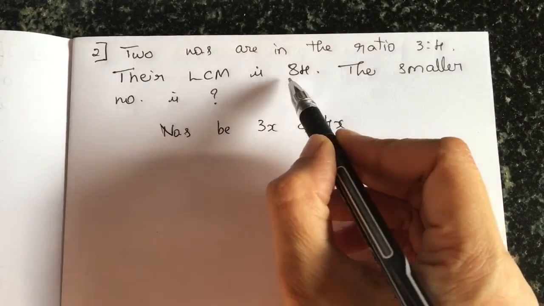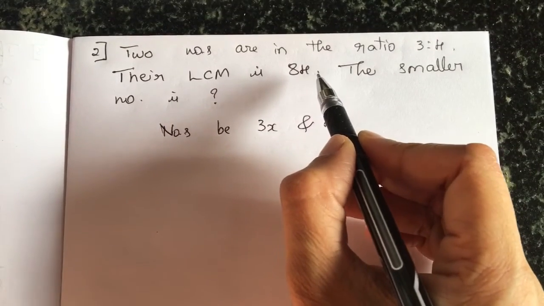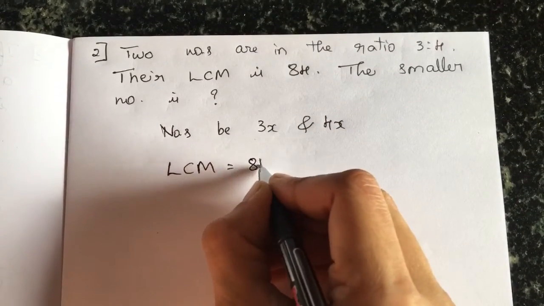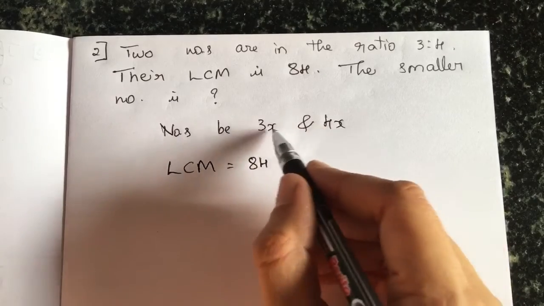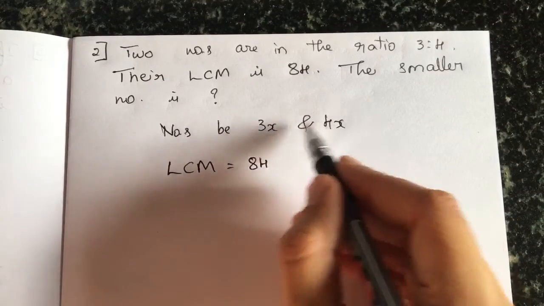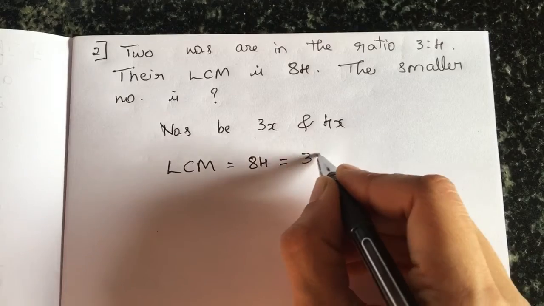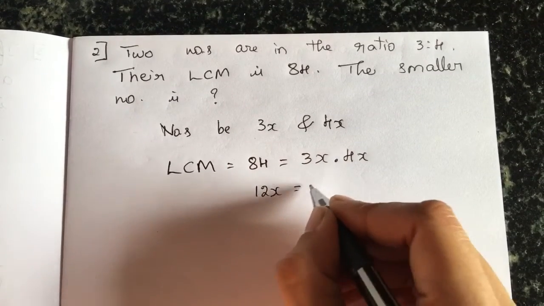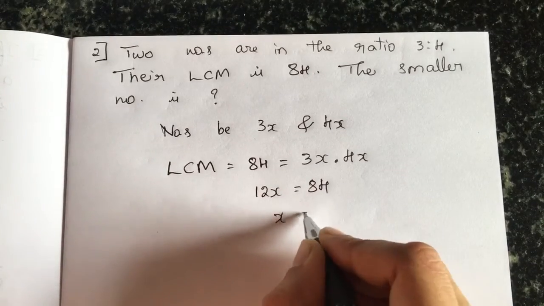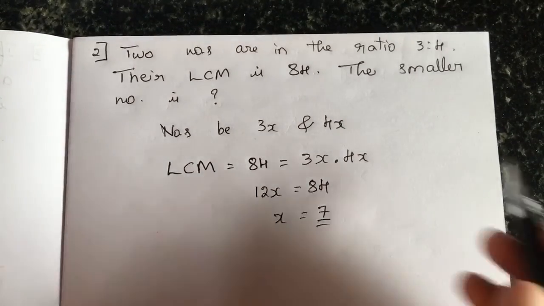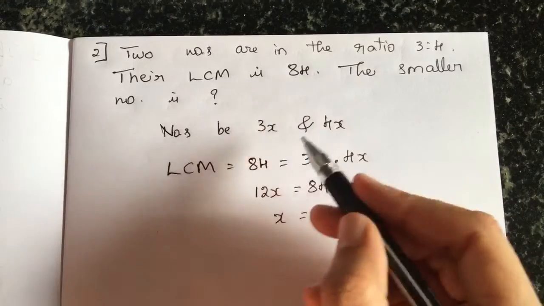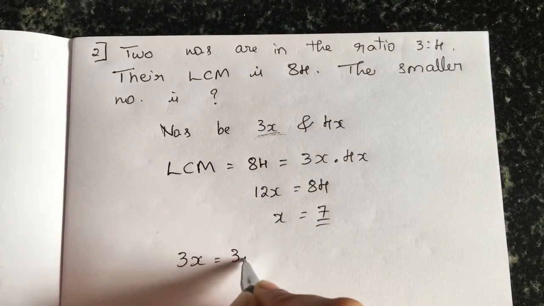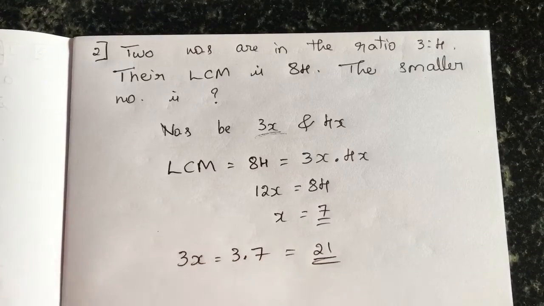They have given the LCM, the least common multiple, and it is 84. So it's 3x into 4x, so 12x equals 84 and x will be equal to 7. The smaller number is 3x, so 3 into 7. So the answer is 21.